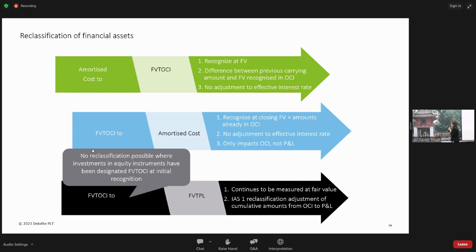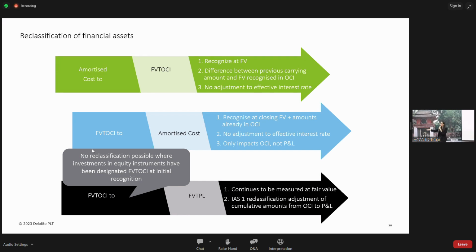Firstly, amortized cost to fair value to OCI. So when would that happen? When the SPPI test is met, but I suddenly now decide that I want to hold to collect and sell. Okay? Then, because the new category is at fair value, when I do the change, I will have to identify the fair value and recognize it at fair value.